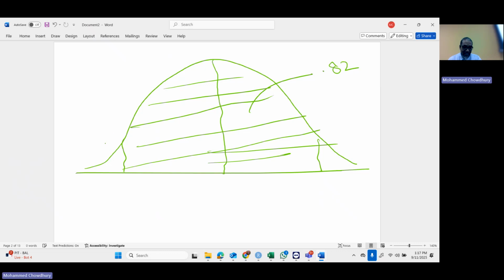Now how much is in here? How much is in here? This is in the middle, this is 82%. How much is in here? 9%, right? Here is 9%.